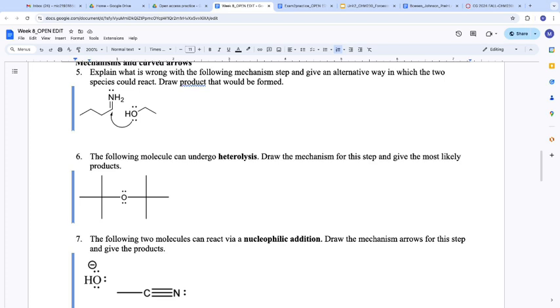So typically when a nitrogen has a lone pair, it's neutral. I can't think of any cases where we would have had a negative nitrogen. But if we had a negative nitrogen, it would have been 2 lone pairs. So I guess perhaps a different question. Does everybody see what she's saying?